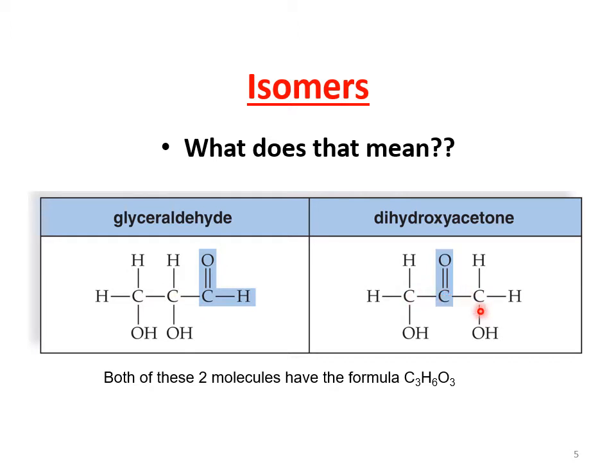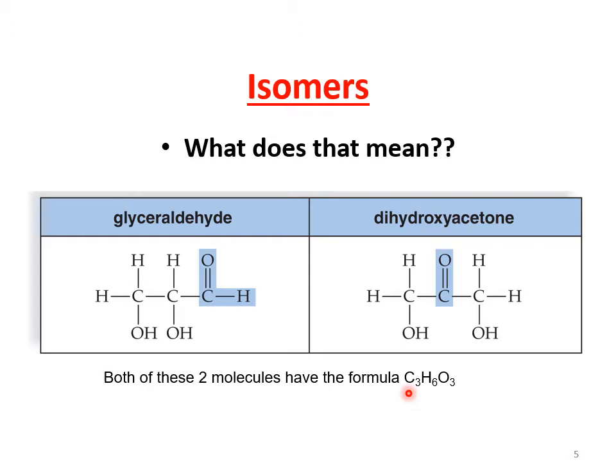They'll have the same number of hydrogens, which is 6 in each, right? 1, 2, 3, 4, 5, 6 hydrogens, and then you have another 6 hydrogens here. And 3 oxygen in both. So they both have the same molecular formula, meaning the same number of each of their elements. But what's different is how they are arranged.